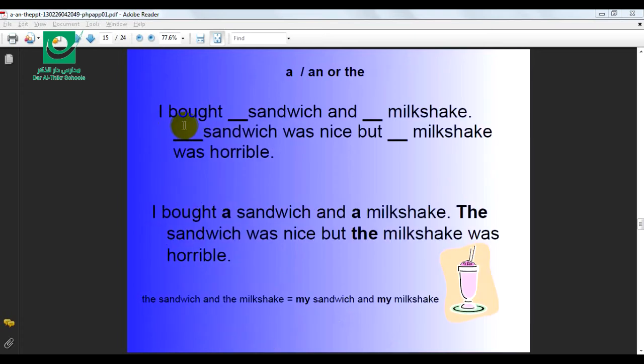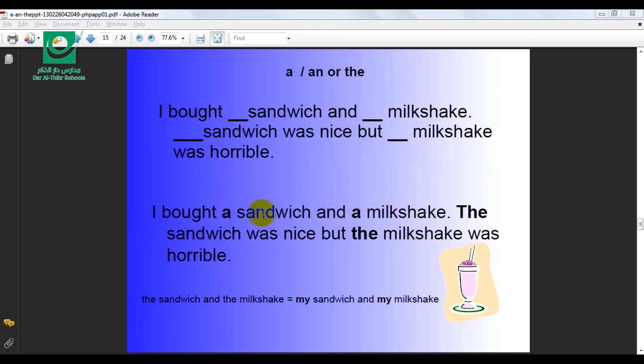Okay, let's exercise here. In this example, I bought sandwich and milkshake. Sandwich was nice, but milkshake was horrible. Exactly. If we check the answer, we find: I bought a sandwich and a milkshake.